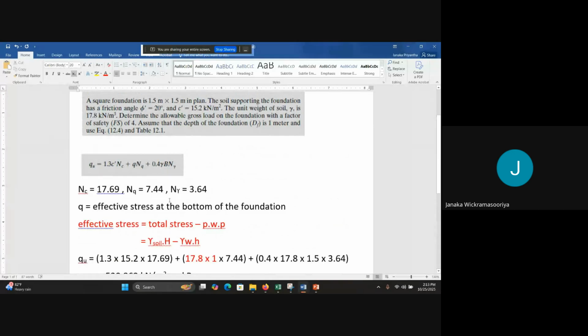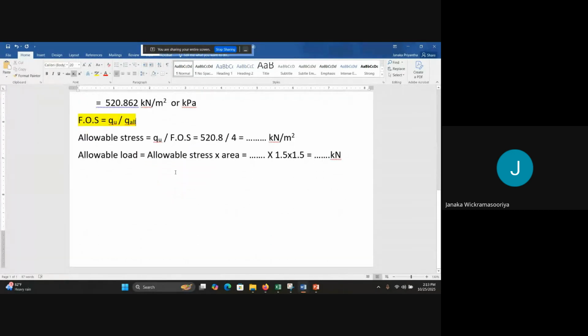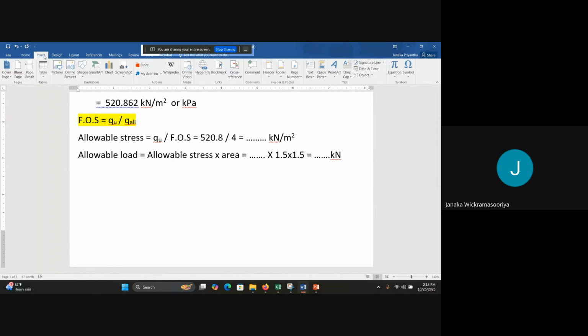Now I may draw some figure to understand what this question is.